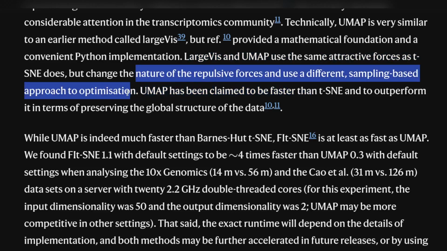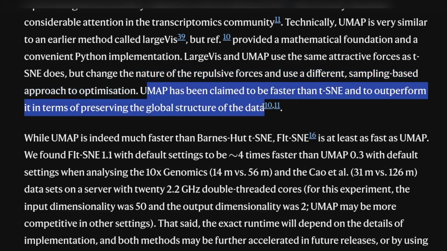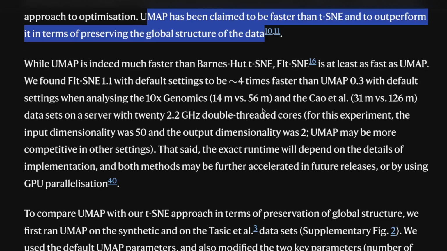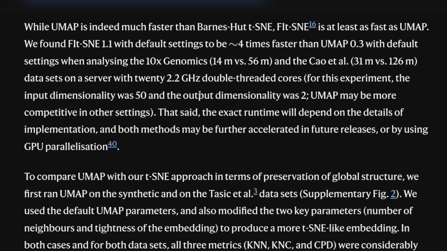UMAP has been claimed to be faster than t-SNE and to outperform it in terms of preserving the global structure of the data. While UMAP is indeed much faster than Barnes-Hut t-SNE, FIt-SNE is at least as fast as UMAP.